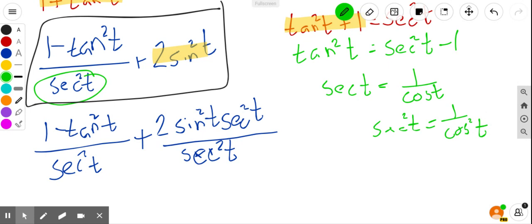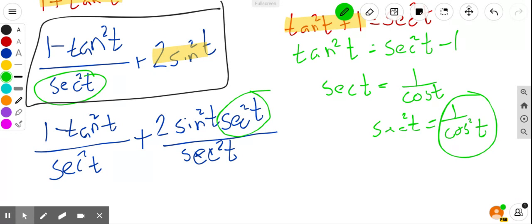So I'm going to replace this secant squared with 1 over cosine squared, because I think I can make a tangent, and that would give me a common term with the numerators, so then I can combine like terms. So I see it, so I'm going to do that.